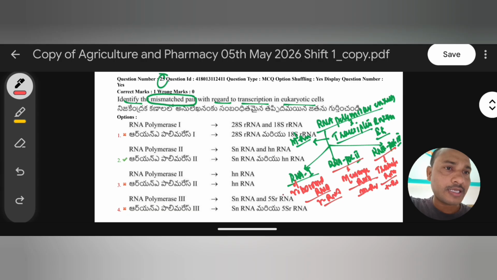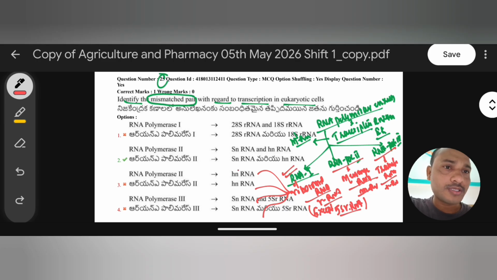And in rRNA, we have again different types of ribosomal RNA. All types of ribosomal RNA are transcribed by RNA polymerase 1, except this important one, 5S rRNA. Very important, except 5S rRNA, all the remaining types of ribosomal RNA are synthesized by RNA polymerase 1.